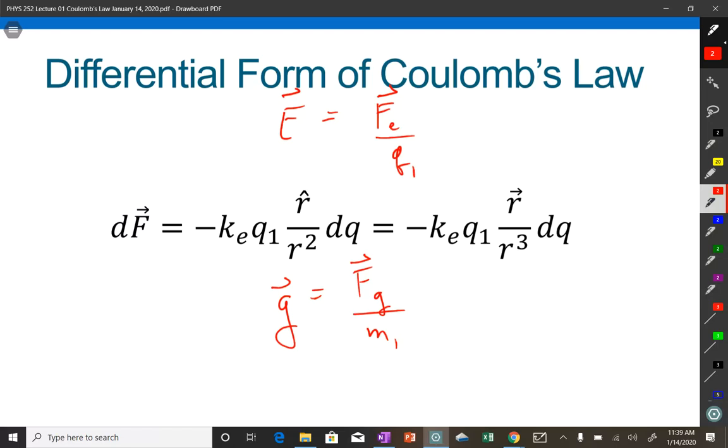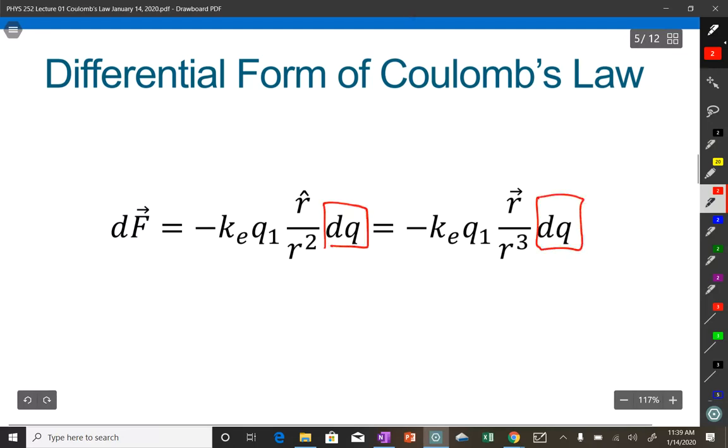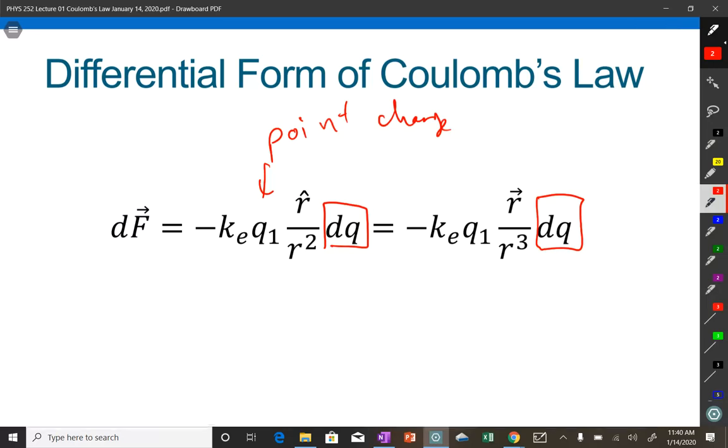Okay, so this equation here is no different than what we had before, except one of the charges was changed to dq. So this is saying I have a point charge, q1, in the presence of dq, which is charge spread out over a region.